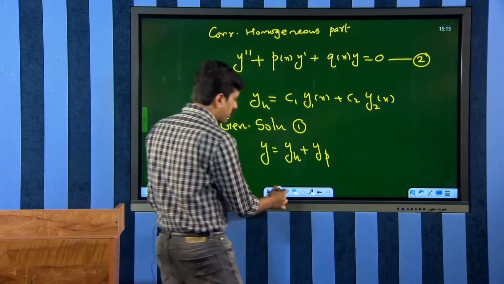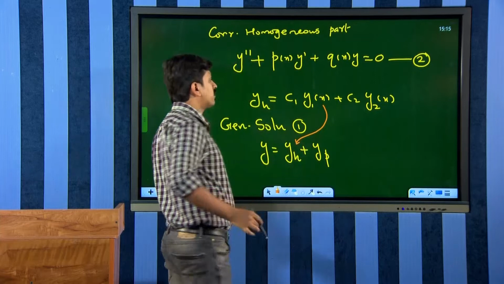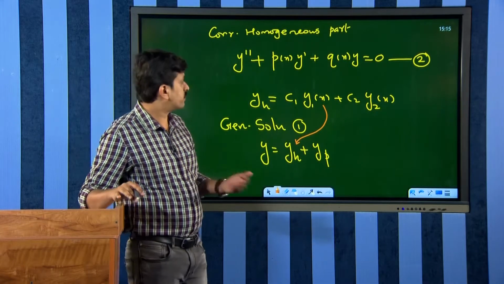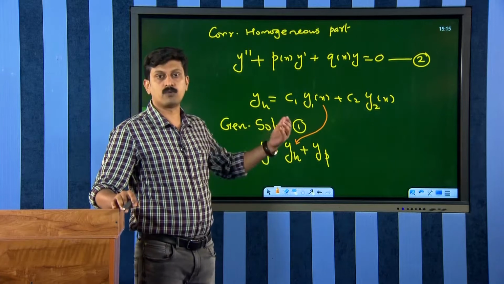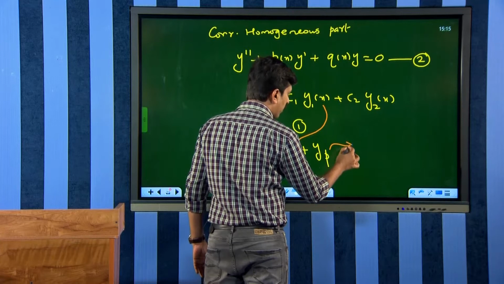We already found yh by using the many methods we discussed before to solve homogeneous equations, and here we have to find yp.